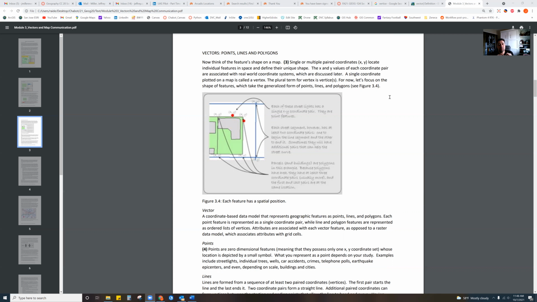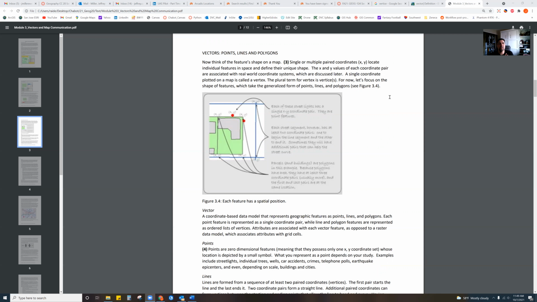GIS is going to present data in 2 different forms. The first and most common way that we're going to think about this, and what you guys have really been working with up until this point and will continue to do, is what's called vector data, okay? The second is called raster data.